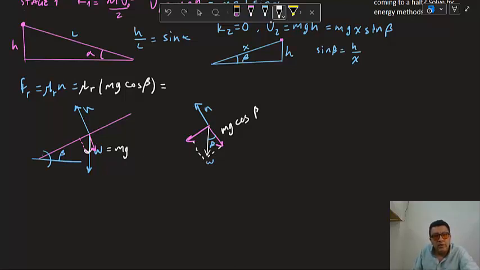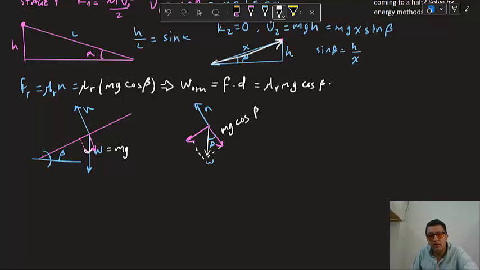So this represents the force. We need the distance for the other work. The work is force times distance. The force is mu r mg cosine of beta, times the distance, and the distance is the distance x. We know this x.